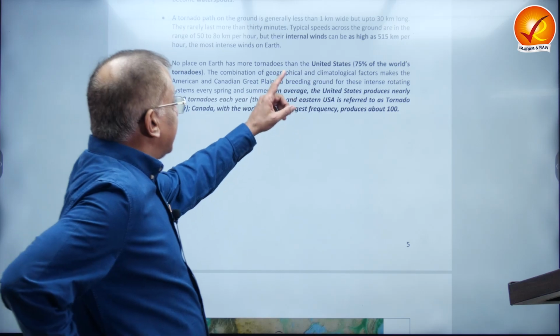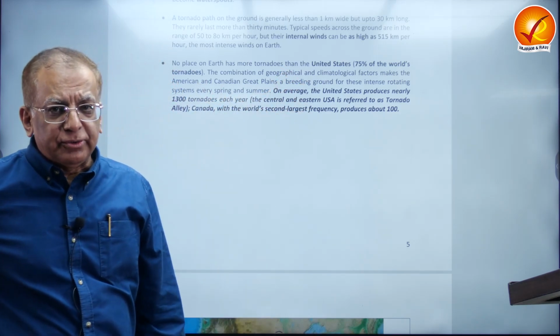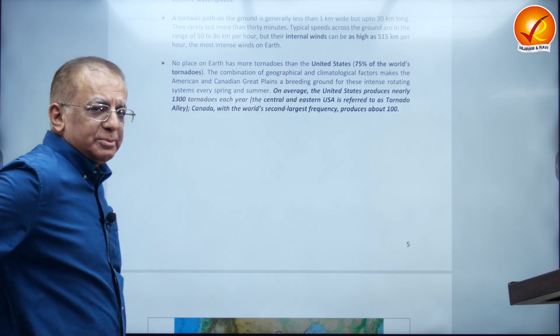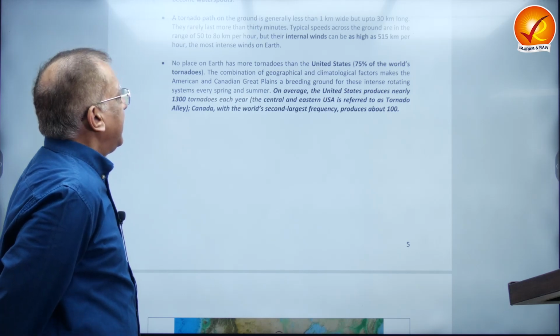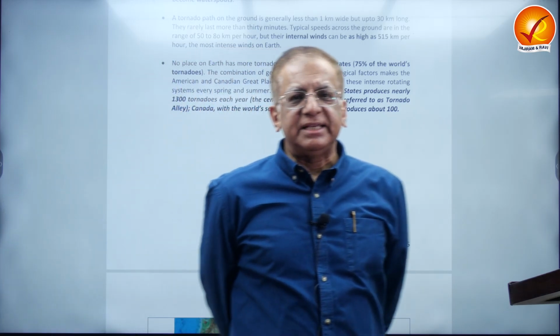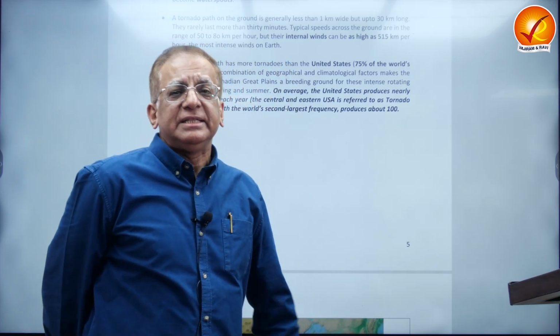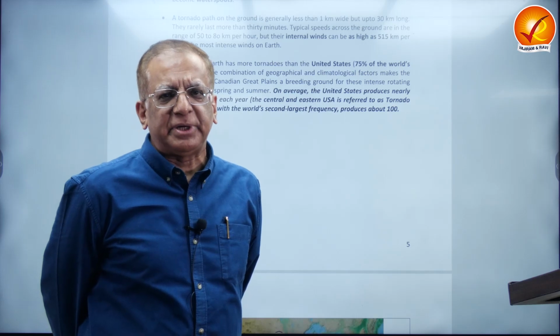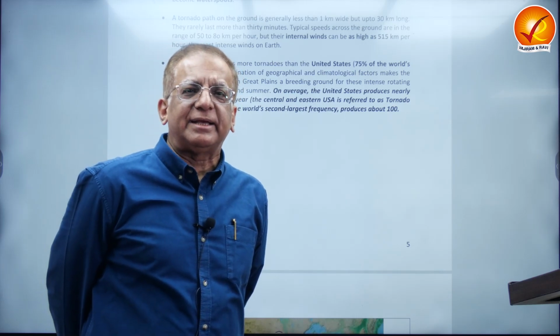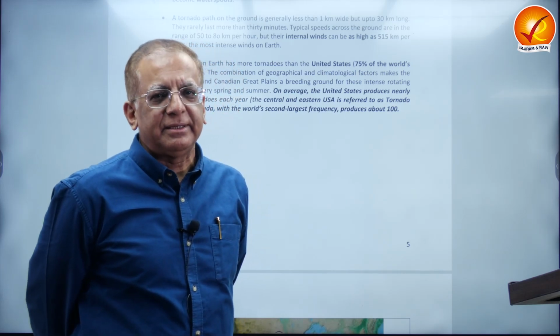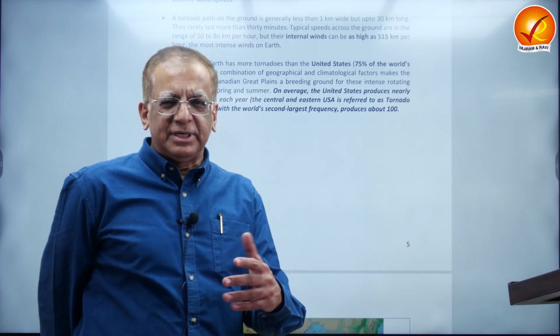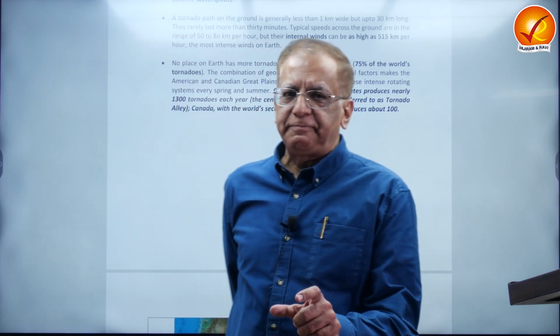As much as 75% of all the tornadoes of the world are observed in the United States only. And the second place is with Canada. My handout mentions that the US has about 1,300 cases on average per year, whereas Canada is at the second place, but a too distant player, with only around 100 such episodes in a year.